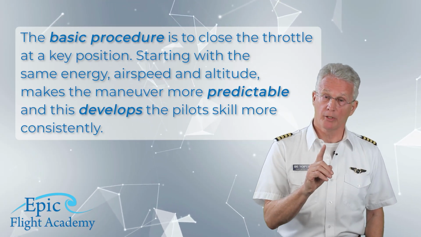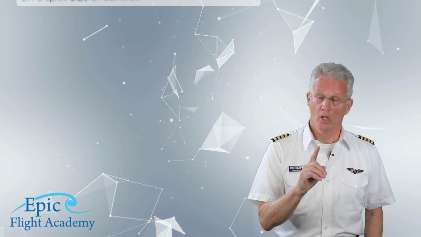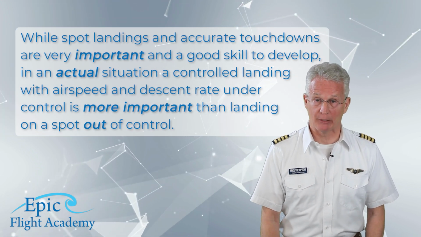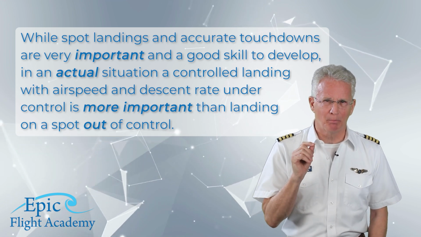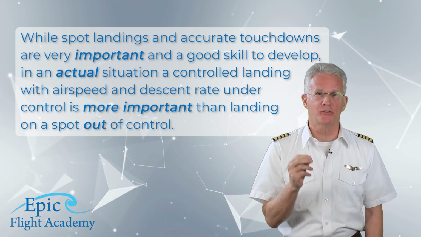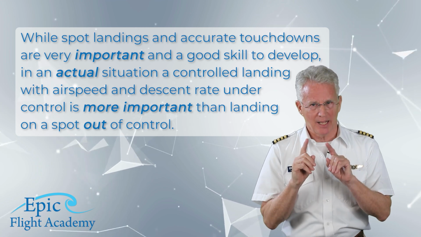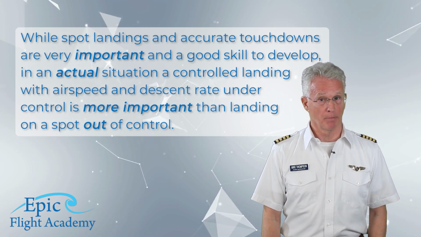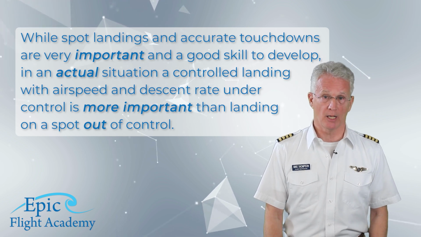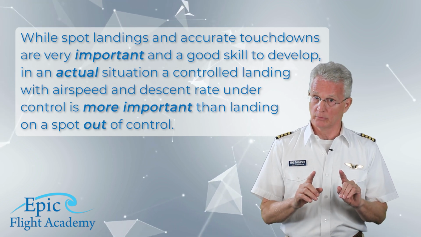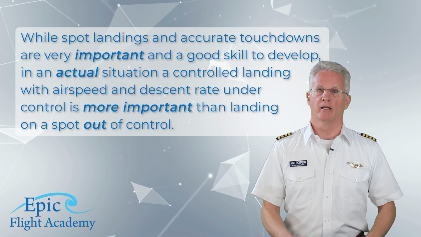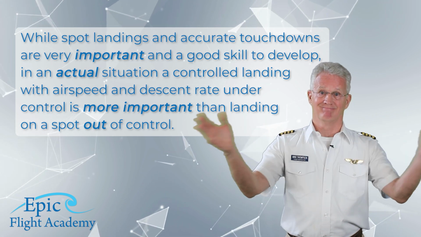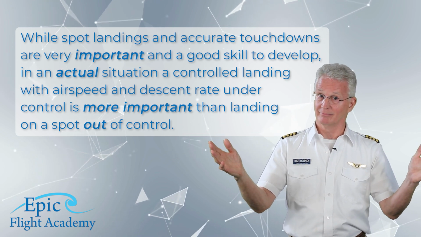Now, make a note here. While spot landings and accurate touchdowns are very important and a great skill to develop, in an actual situation, a controlled landing with airspeed and descent rate under control is more important than landing on any particular spot out of control.